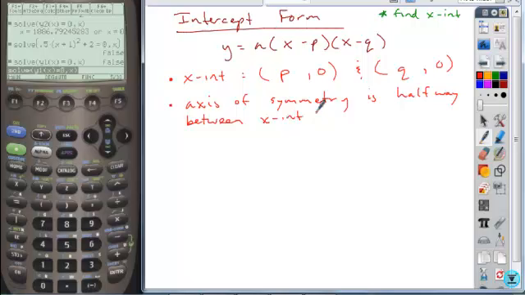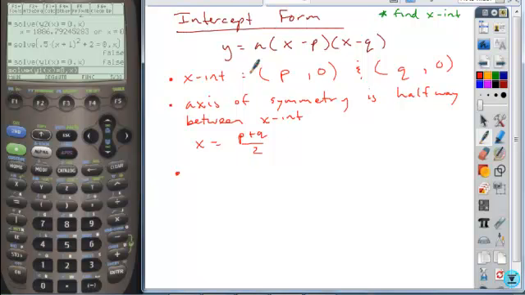And so what that means is the equation for it is going to be x equals halfway, which is just the average. If you take the average of p and q, the two x-intercepts, you'll get your axis of symmetry. So again, the vertex has to lie on that vertical line.